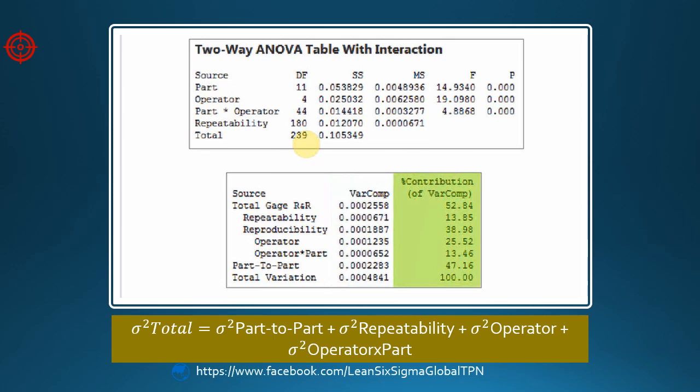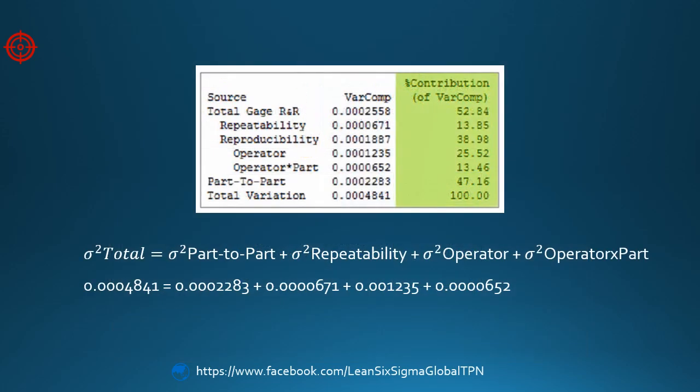We can also use the X-bar and R method. The components of variance are shown here and together add up to the total variance in the system. Notice that each value corresponds to an associated variance in the equation.